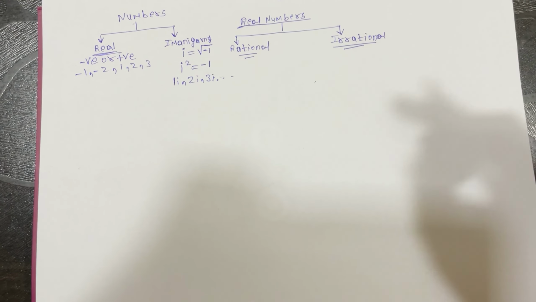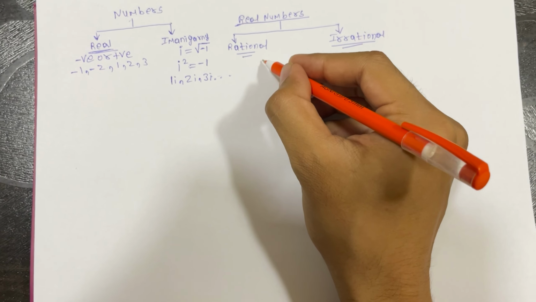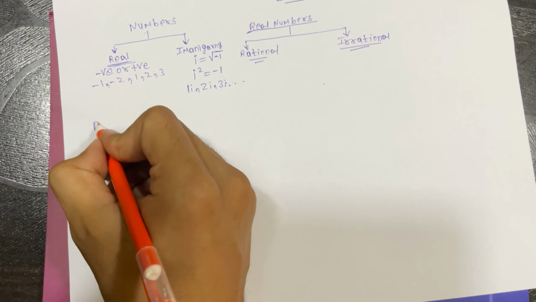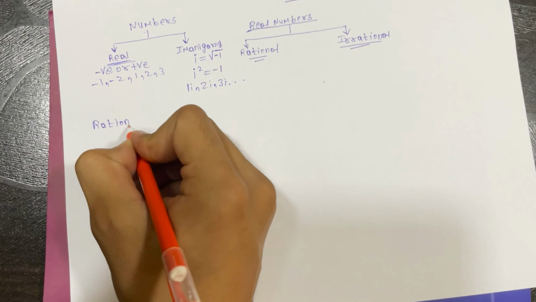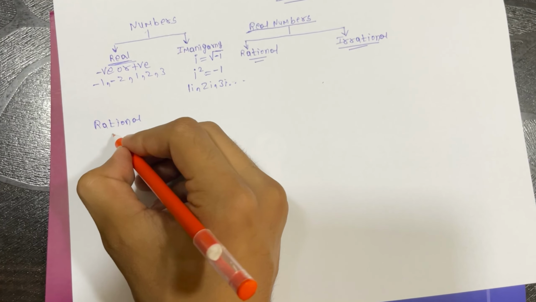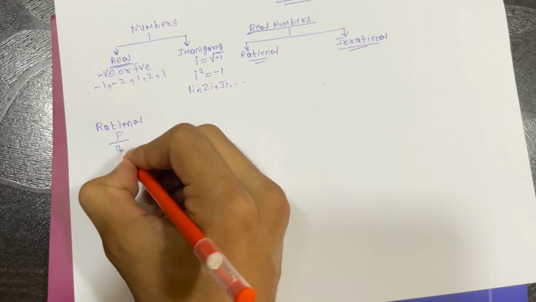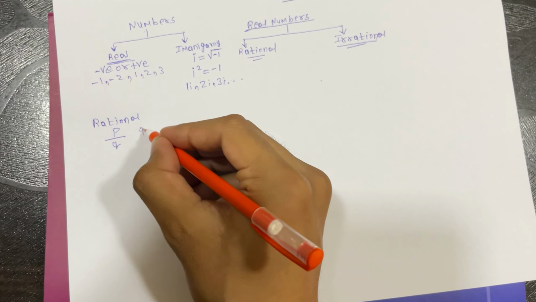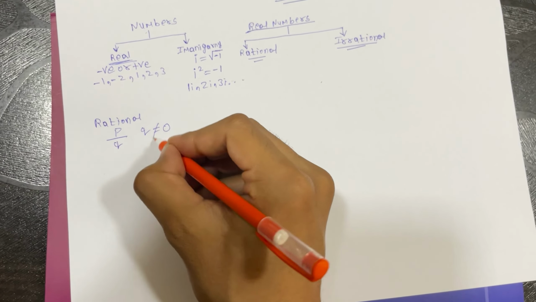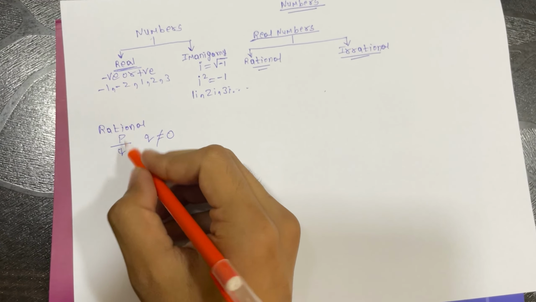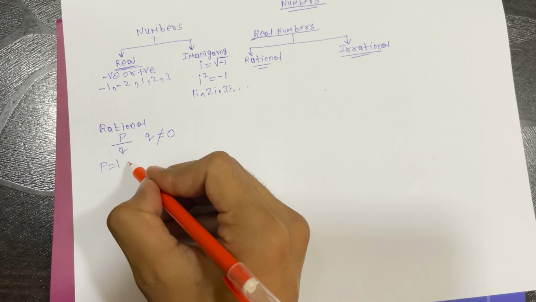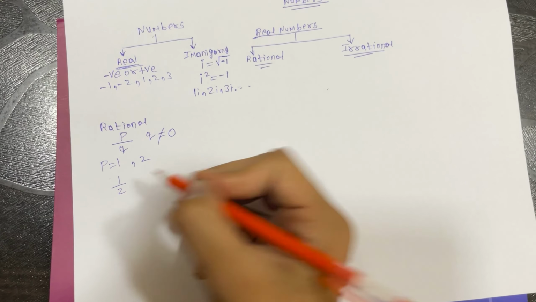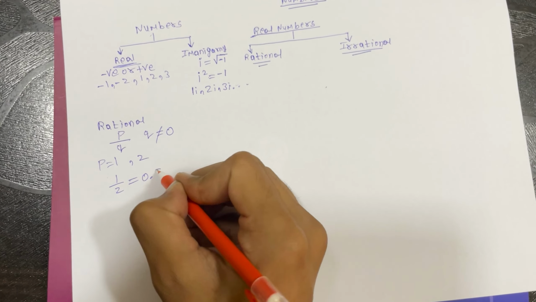Rational numbers are numbers which are expressed in the form p by q, where q should not be equal to 0. For example, if p is equal to 1 and q is equal to 2, then the rational number will be 1 by 2, that is equal to 0.5.